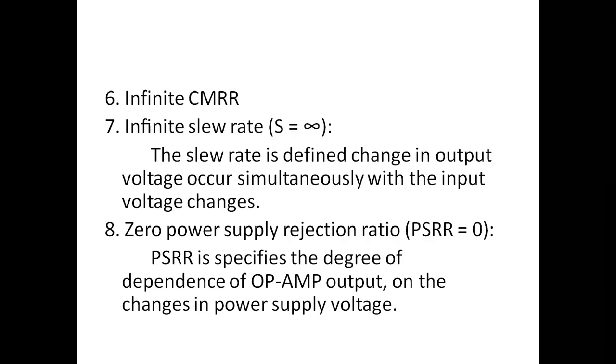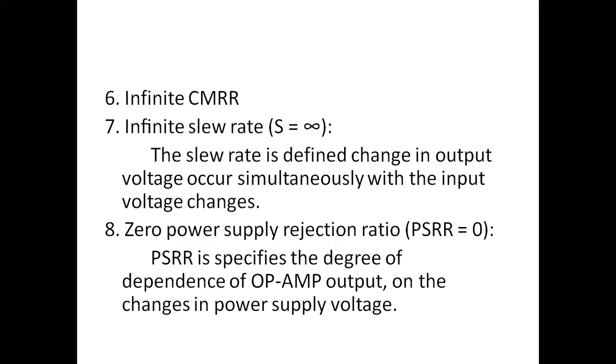And here the power supply rejection ratio will be 0, because the power supply rejection ratio specifies the degree of dependence of the op-amp output on changes in the supply voltage. Here we are supposed to maintain a constant output voltage, so the output voltage should not change with respect to the change in supply voltage.